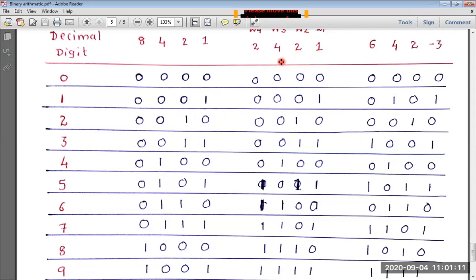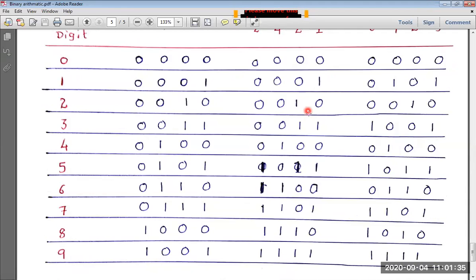It is completely up to us how we give weights. The final thing is the system should work. The system should be useful. If it is useful, then whatever you do is right. Now let's see the conversion. Let's see how decimal digits in 2421 code are meaningful here.